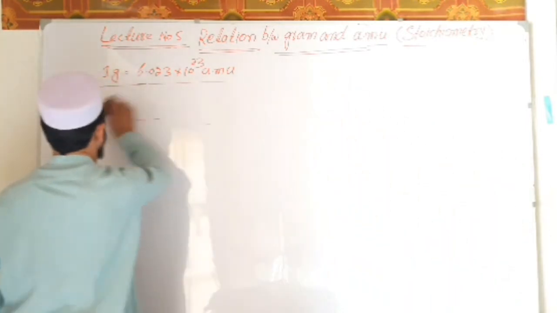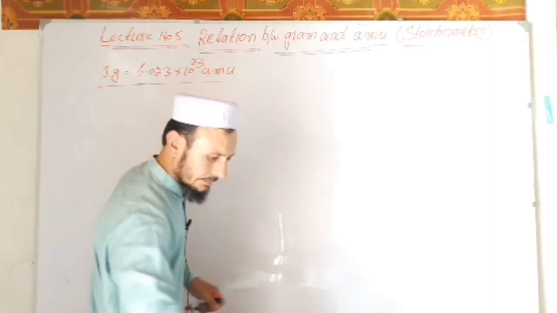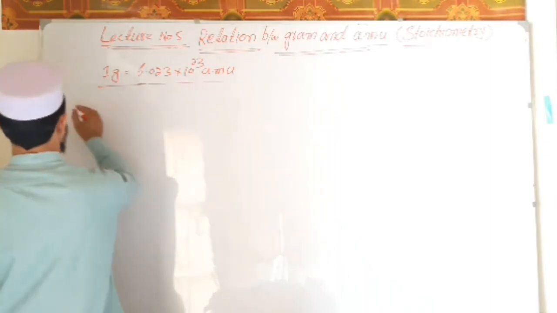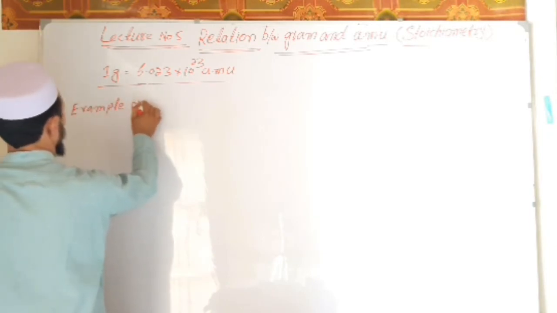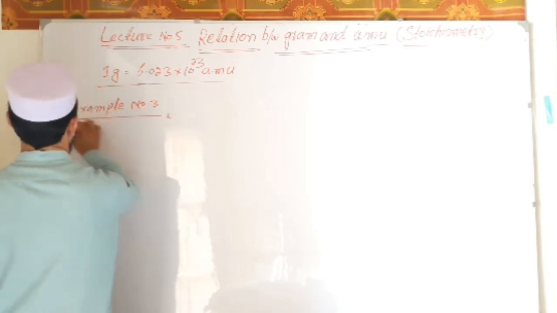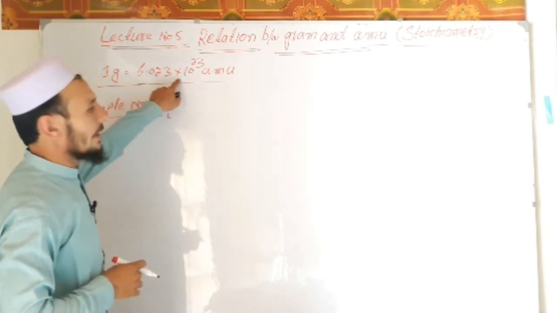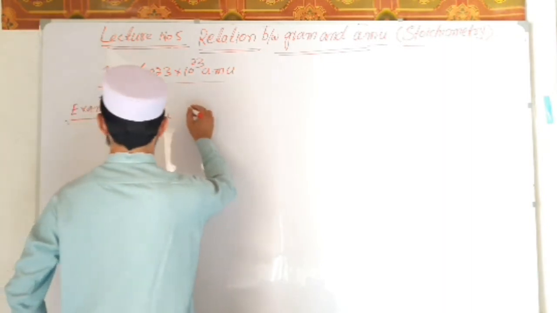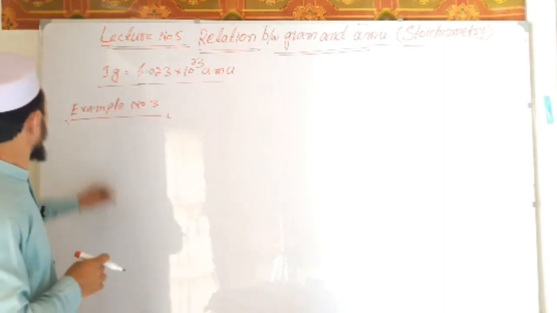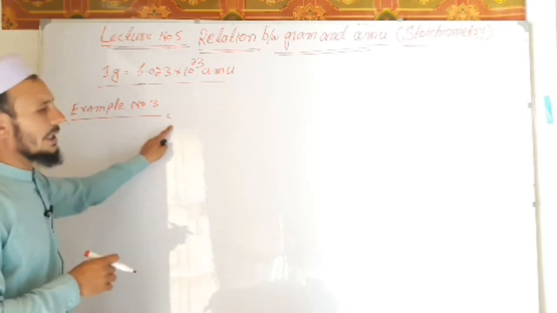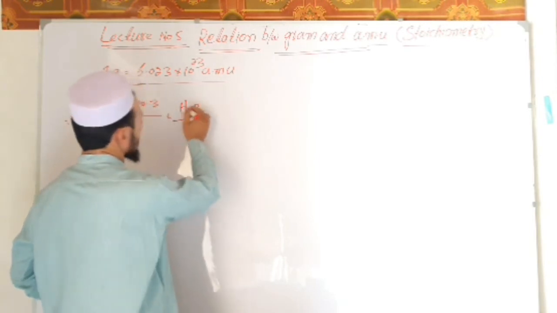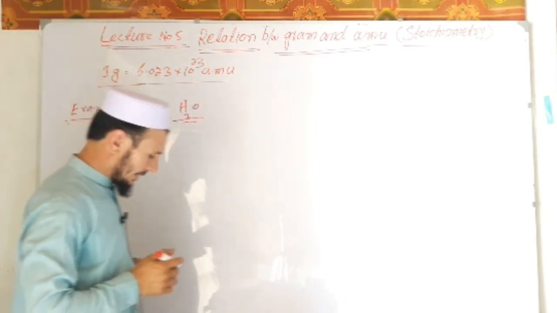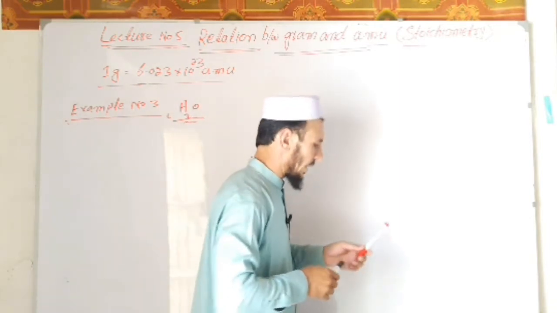So dear students, example number 3. To derive this relationship from water. In example number 3 we will take water, H2O. Let us derive again this relationship from water molecule.